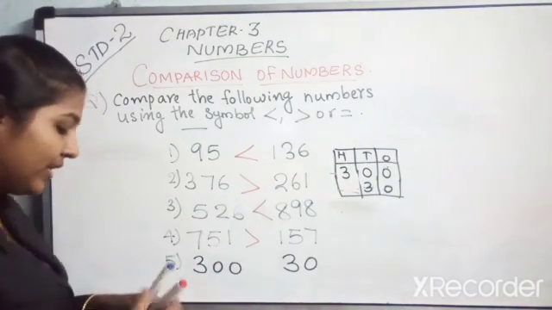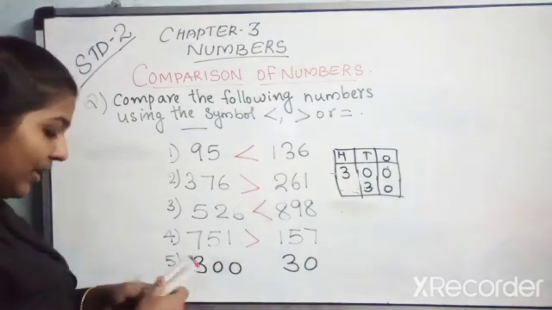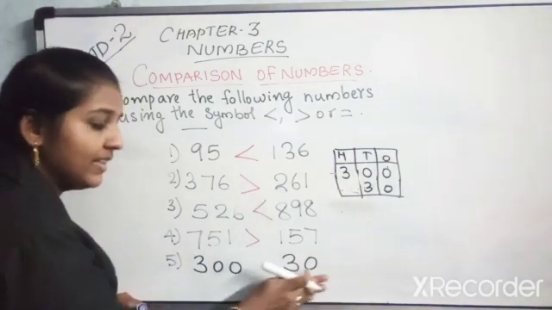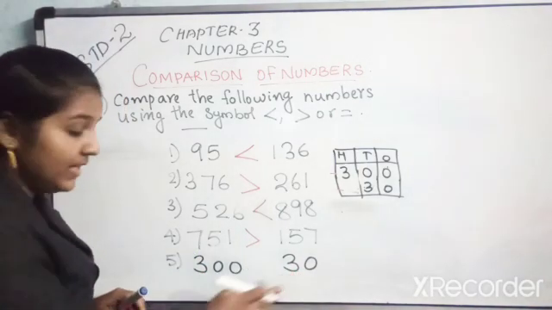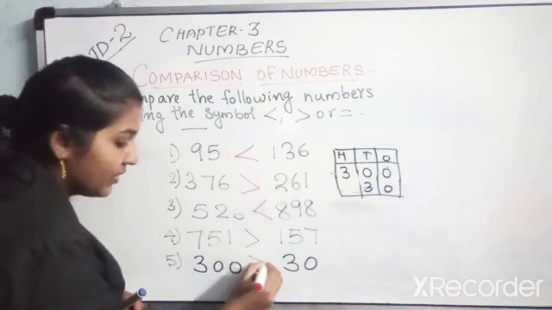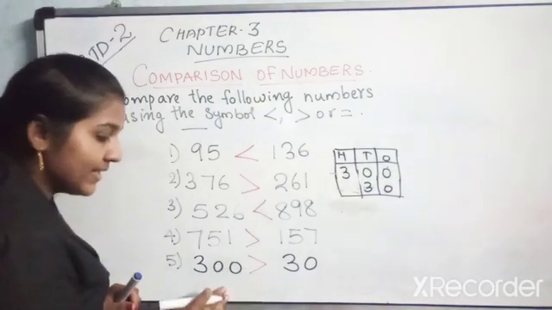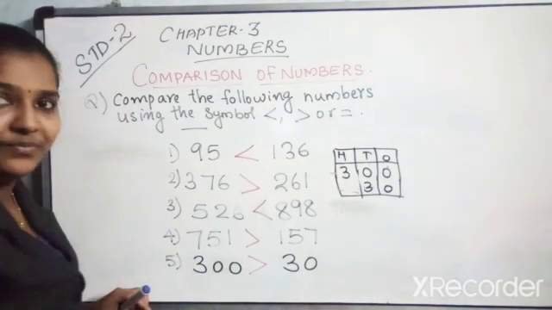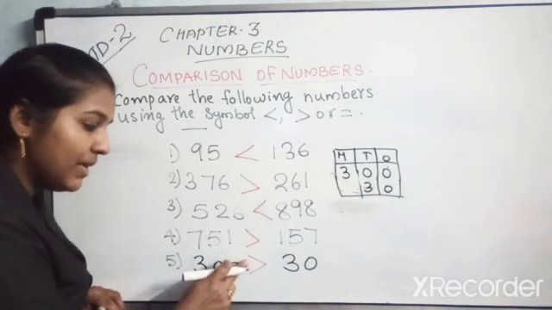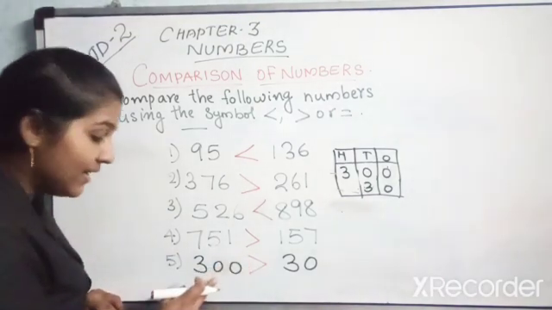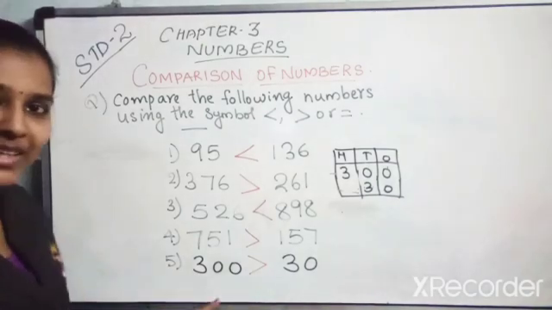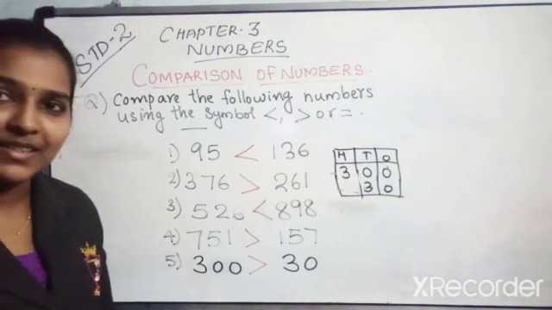So you can put the less than symbol. You can understand 30 is smaller than 300. So you can write 300 is greater than 30. Okay. The mouth of the symbol will open towards the large number like this. Is it clear children? Okay.